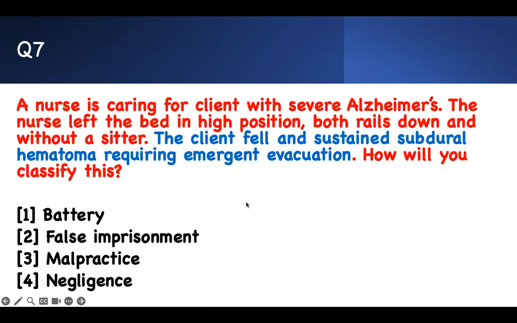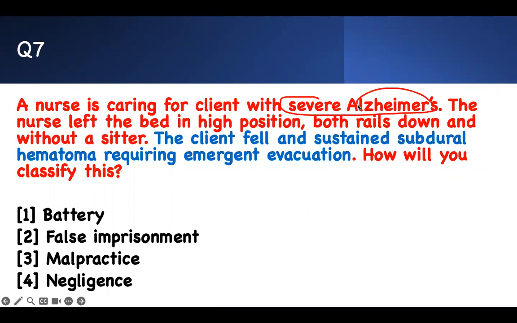The client fell and sustained injury. So a nurse is caring for a client with severe Alzheimer's disease. The nurse left the bed in a high position, both rails down and without a sealer. The client fell and sustained a subdural hematoma requiring immediate evacuation. How will you classify this?